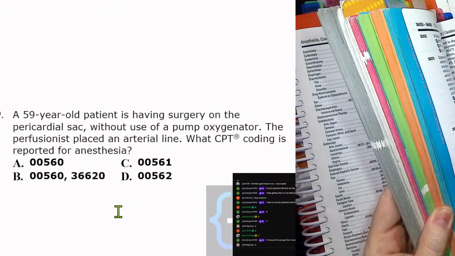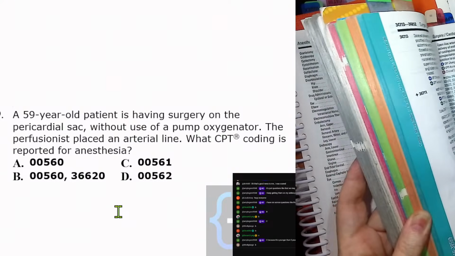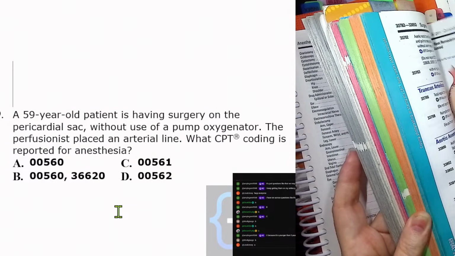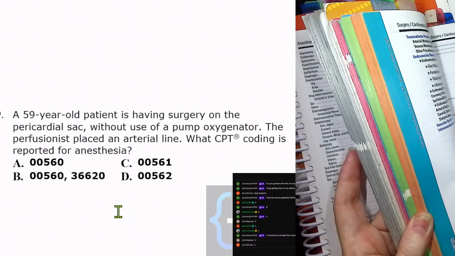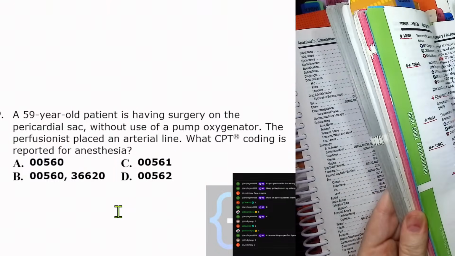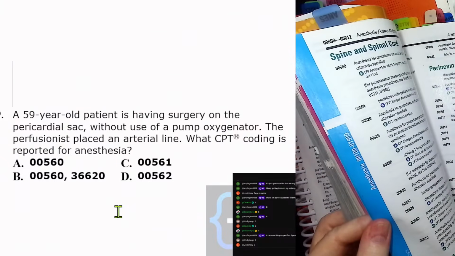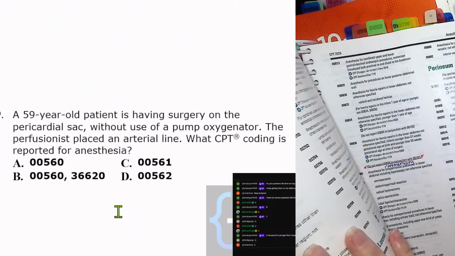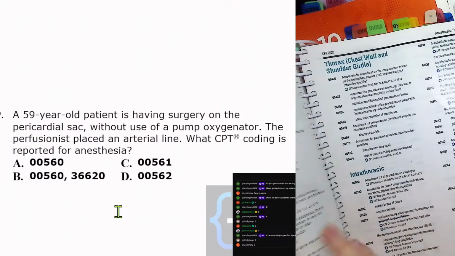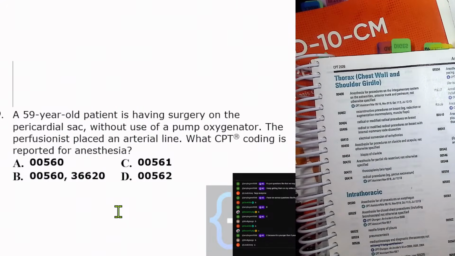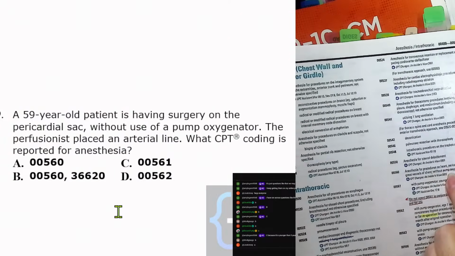One thing that would be super helpful for these questions is to know your acronyms for certain add-on components of anesthesia. We notice that the 60 says it is without a pump oxygenator.